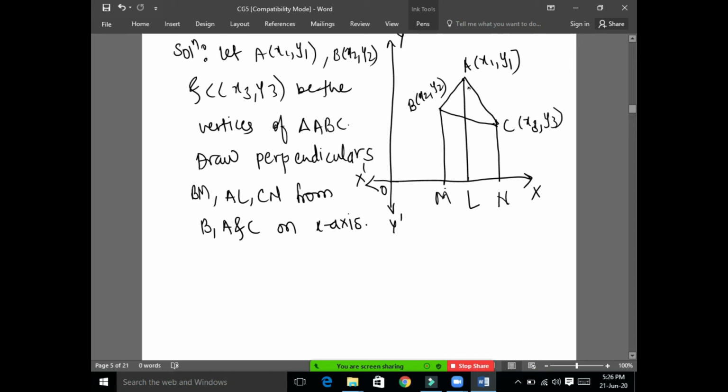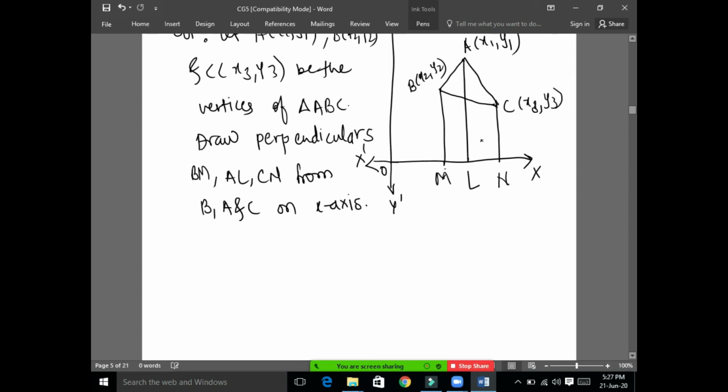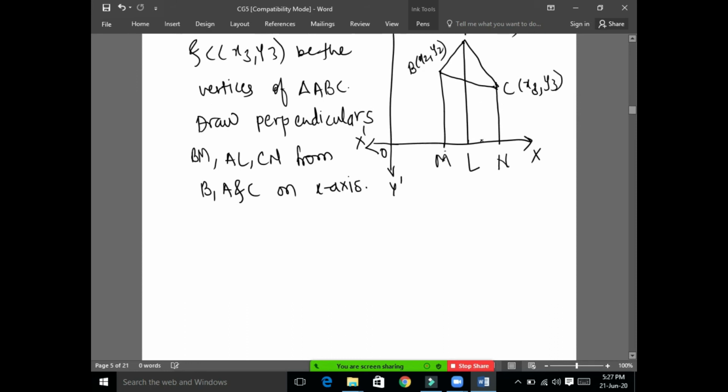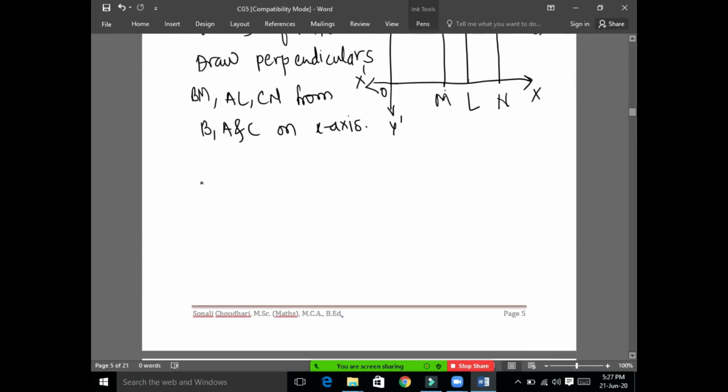So we can get the formula for the area of triangle ABC, and the area of each trapezium can be obtained by using the formula half into sum of parallel sides into height. Because we already drew the perpendiculars in the construction, these lines are parallel to each other and we have a perpendicular distance between them. So by using the coordinates of the three vertices we can obtain the values.